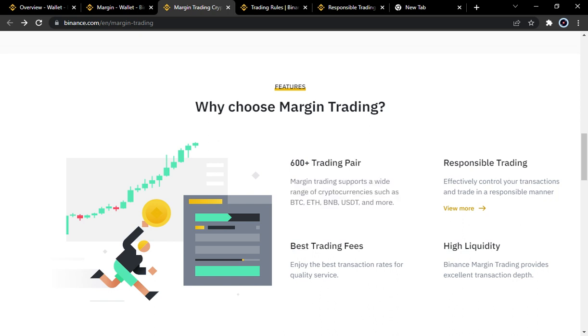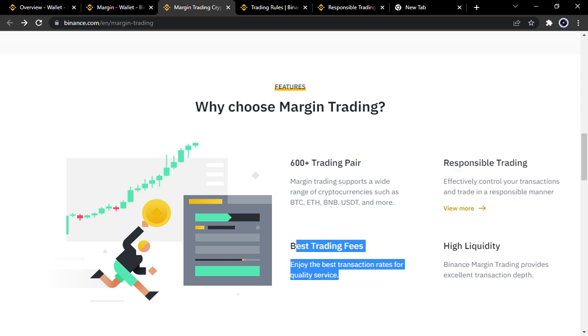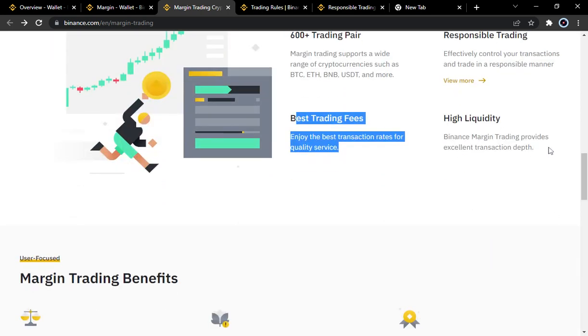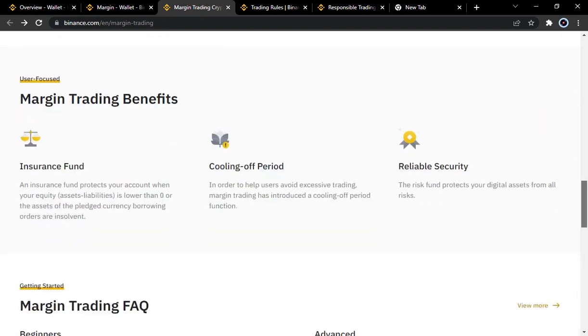And you are also the one responsible for your trading, so you can easily control your transactions and trade in a responsible manner. And Binance margin trading has one of the best fees in the cryptocurrency exchange. And also there is high liquidity for traders who wish to use the Binance margin to trade. This provides an excellent transaction depth for users.